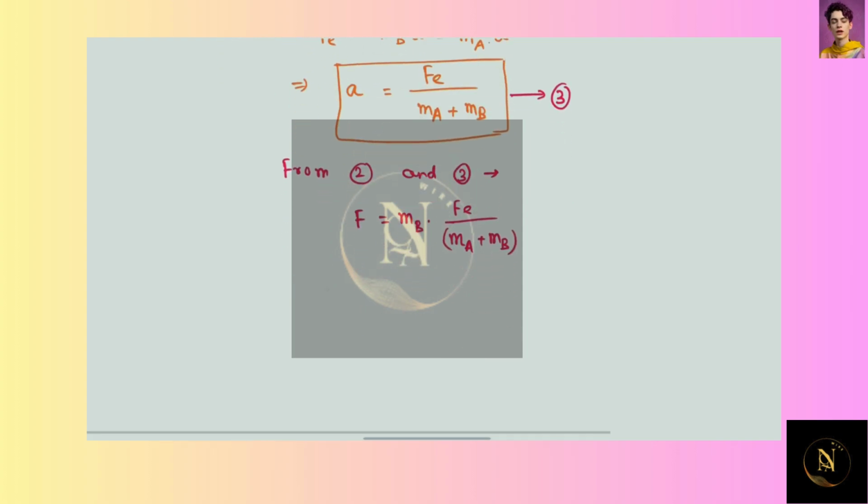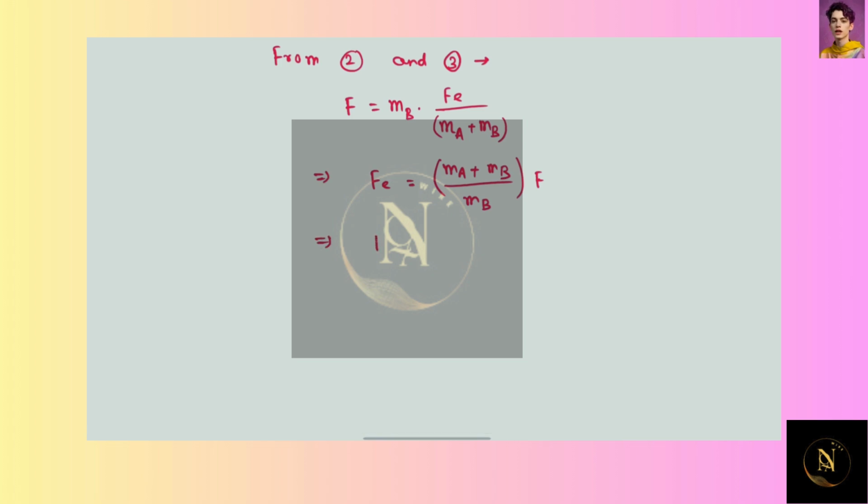So from here I can write Fe, which is the value of the force exerted by the experimenter on A, is going to be equal to Ma plus Mb by Mb multiplied by F. Again on simplifying this we can write Fe is going to be equal to 1 plus Ma by Mb into F. So this is the answer for the question.